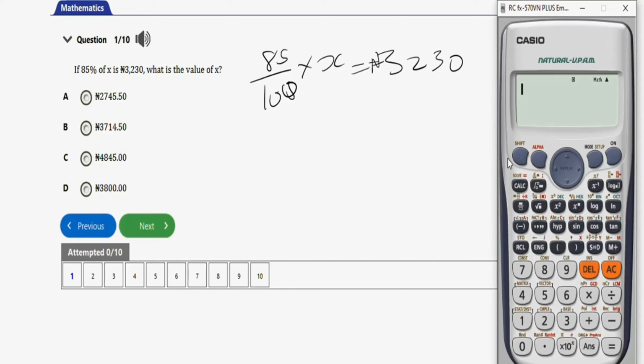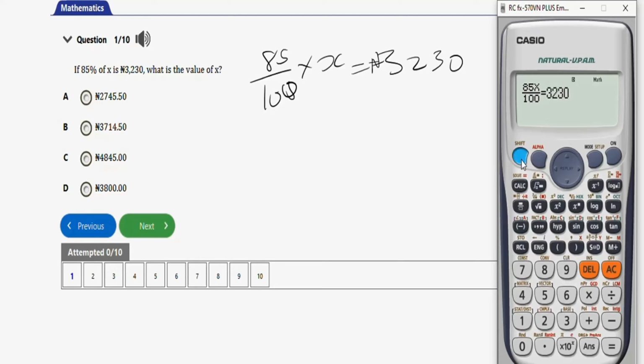The very first thing to do is to clear, as usual. Press shift, 9, open instructions, press 3, press equals, and press equals again. Now let's represent this in fraction. We have 85x over 100 equals alpha, and this calc button, 3,230.